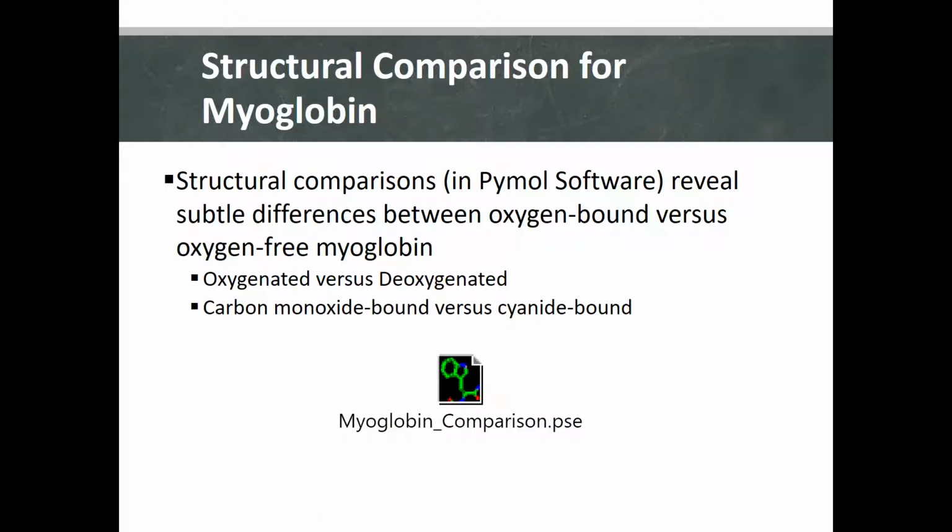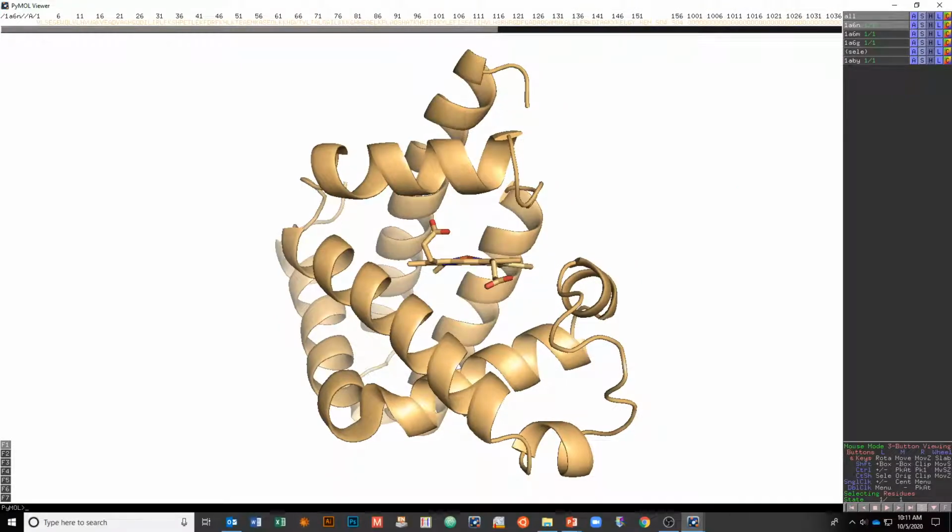For fear of sounding like a broken record, let me go back into the structure of myoglobin and make a little bit more fuss about the difference between oxygen-bound versus oxygen-free myoglobin. What I want you to see here is that there is a very subtle global change in structure that shows up when oxygen binds versus when it is not.